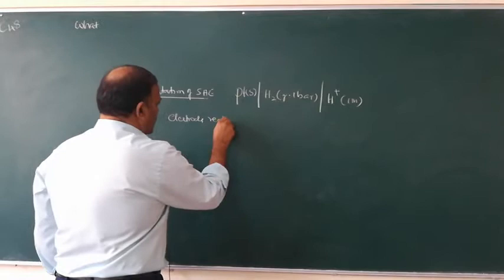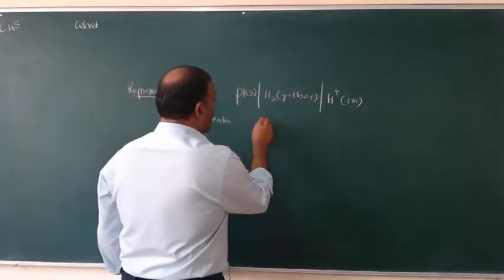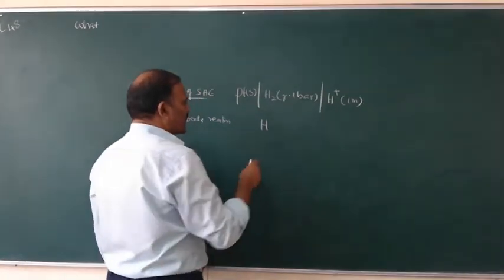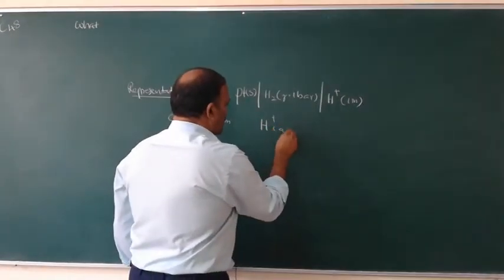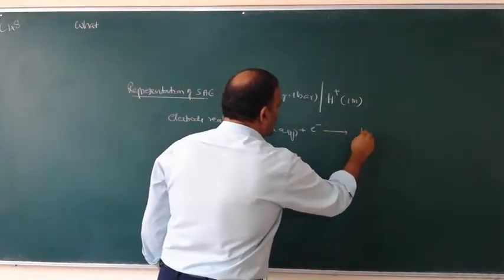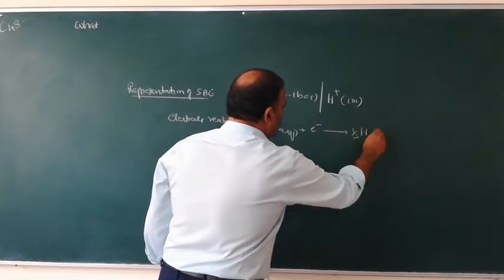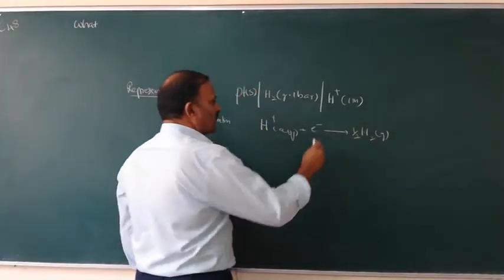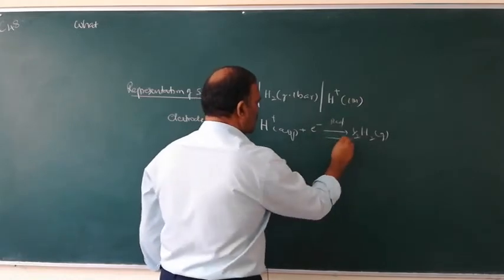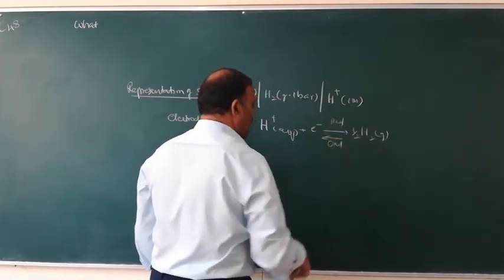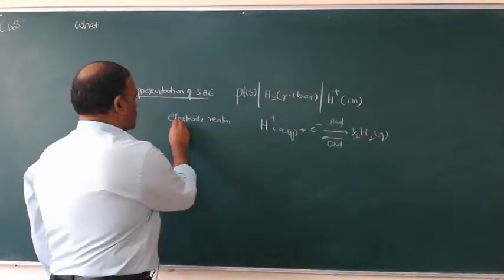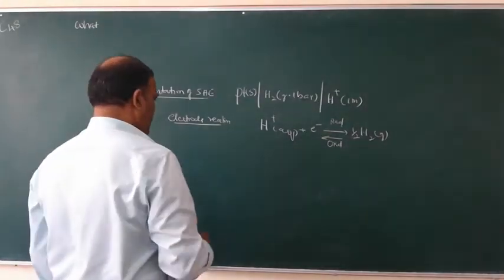Here we have considered hydrogen reduction reaction, that is H+(aq) + e⁻ gives 1/2 H2 gas. So this is the reduction reaction. If the electrode undergoes reduction, this is the reduction reaction. The reverse reaction may also be possible when it is connected with other electrodes.